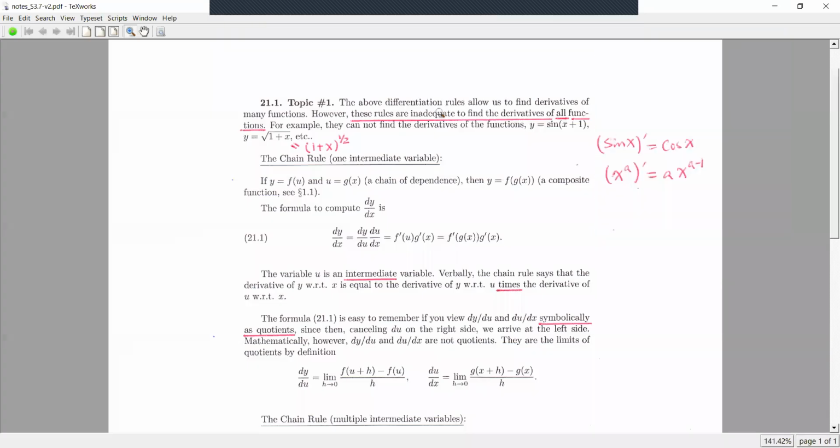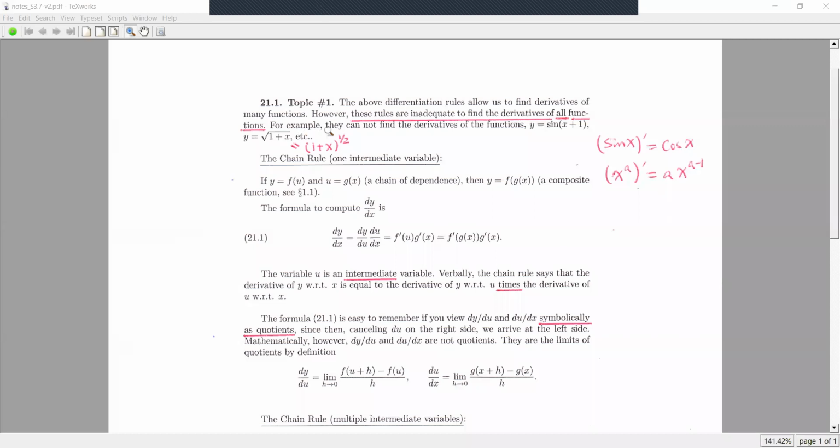The 10 formulas allow us to find the derivatives of many functions. However, they are inadequate to find the derivatives of all functions. To find the derivatives of all functions, we need the 10 formulas plus the chain rule.